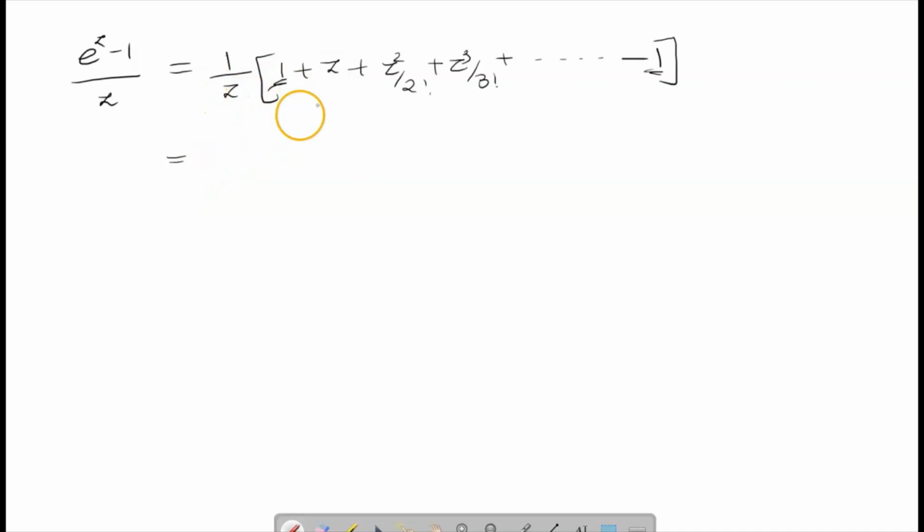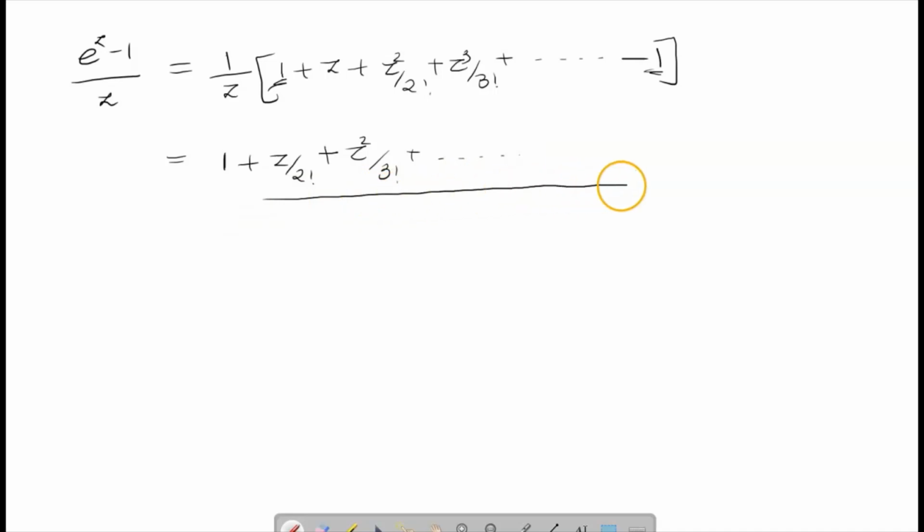Divided by z, the first term is 1 plus z by 2 factorial plus z square by 3 factorial plus etc. Here all the terms are positive powers of z. No negative powers, no term with negative powers of z.